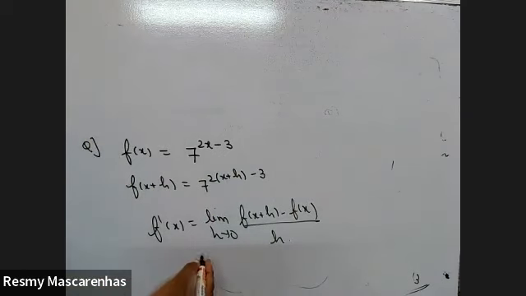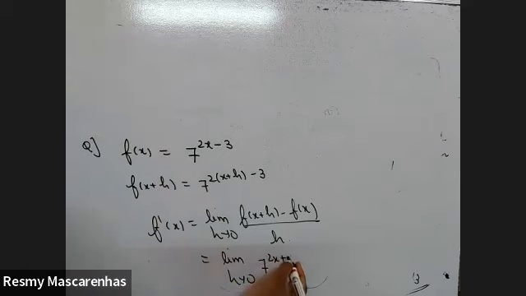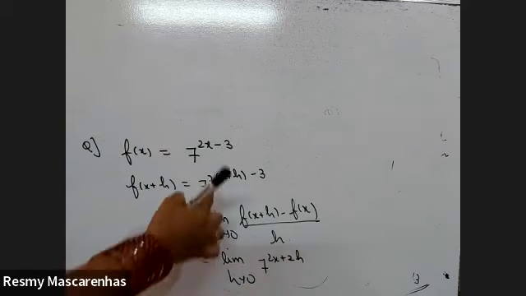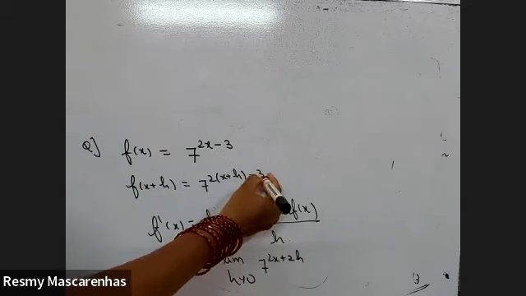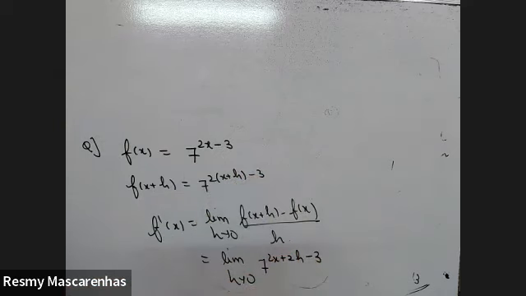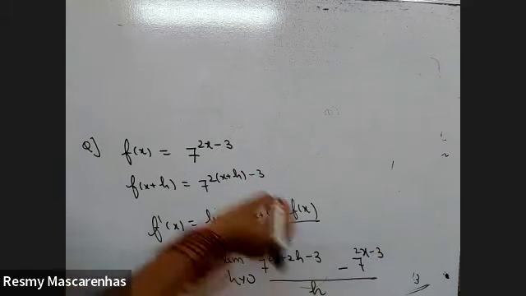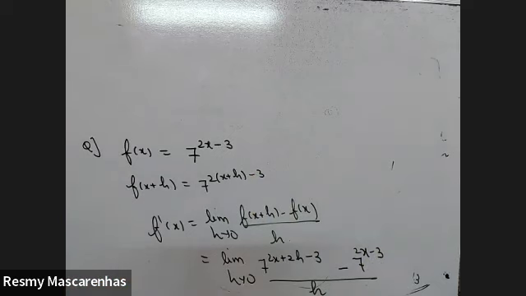So substitute. Multiply this inside. This minus 3 is on top only, correct. I've opened up this bracket.